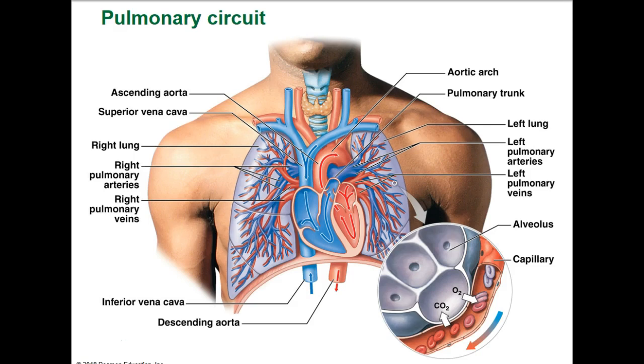Okay, so in this picture you see the pulmonary trunk, and you see the left and the right pulmonary arteries. Remember, arteries go away from the heart, and then you see the left pulmonary veins coming back in here. Notice the left pulmonary veins are red, and the right pulmonary veins are red as well because the blood inside them is oxygenated.